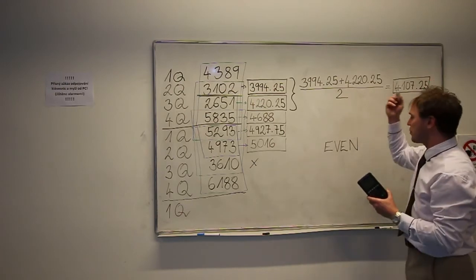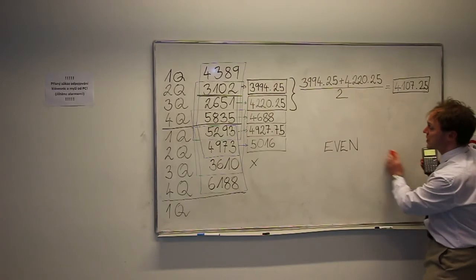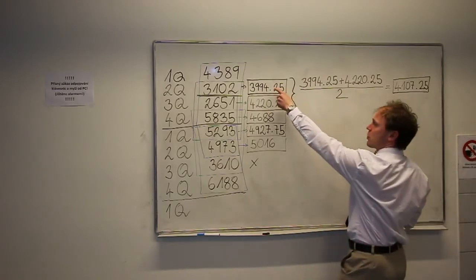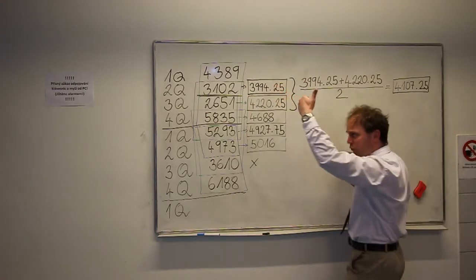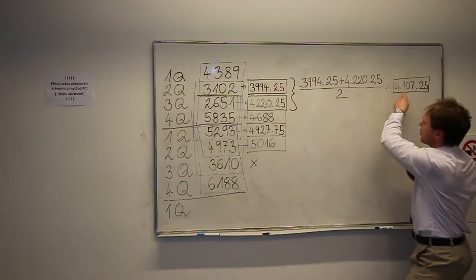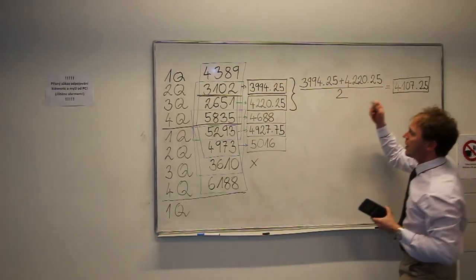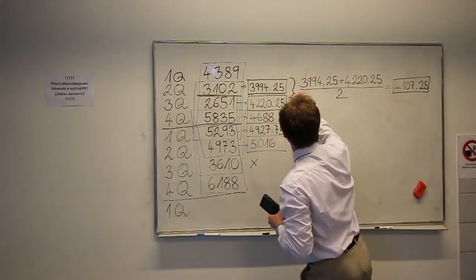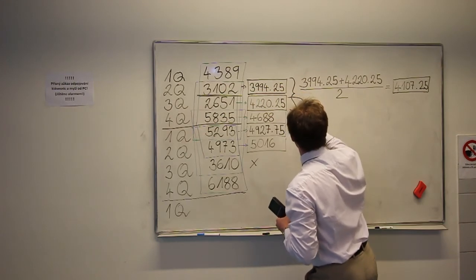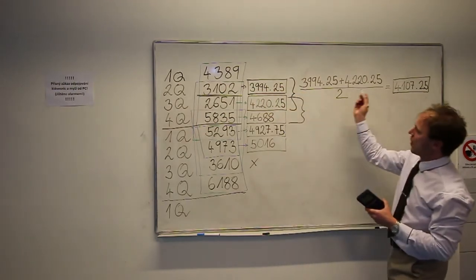So this is the first final result. This is not the end, this is the first value of the moving average. You can continue with another 2 values.